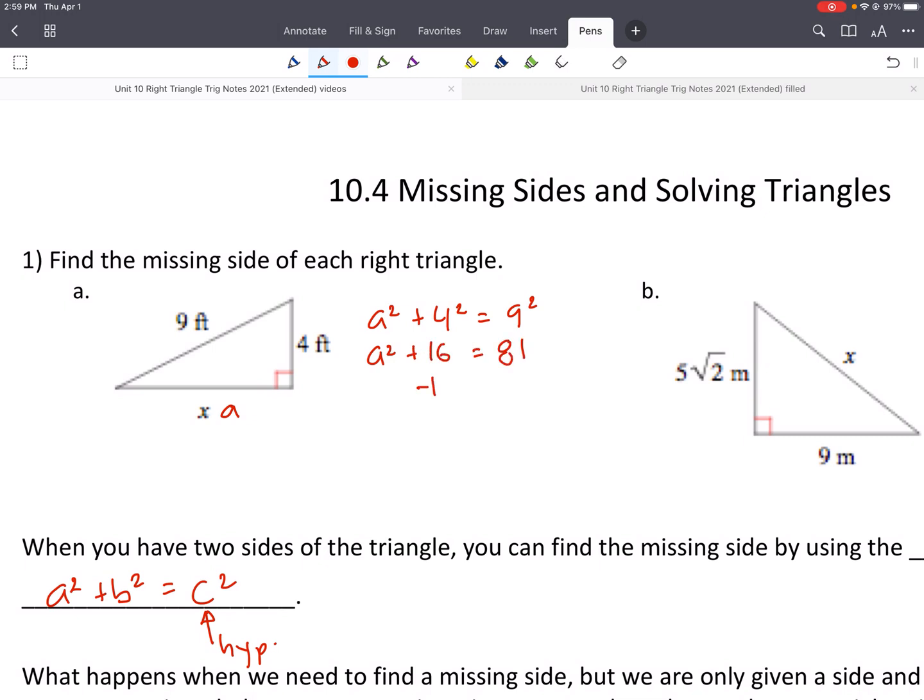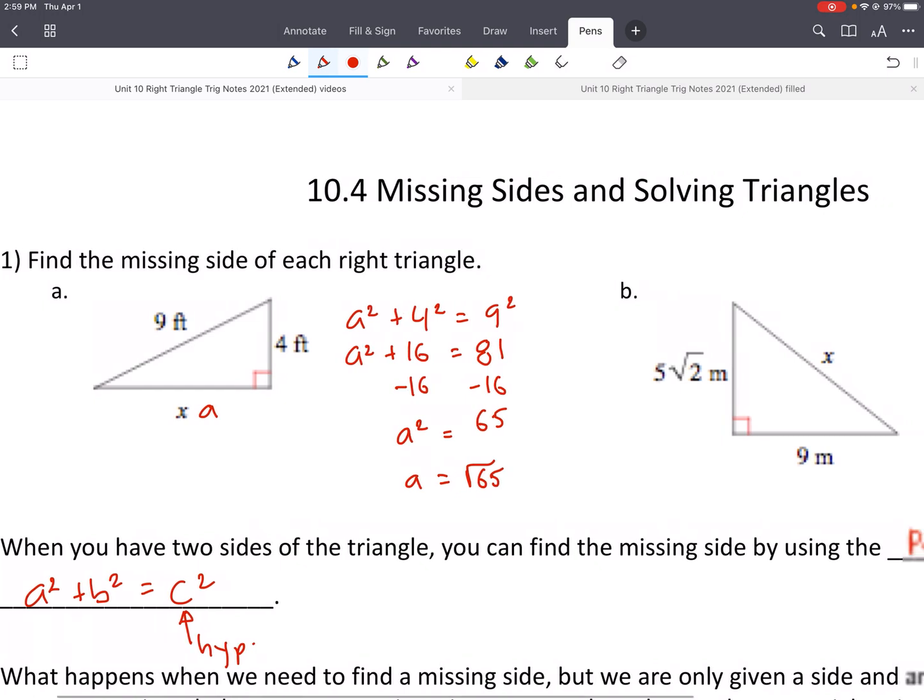We subtract the 16 from both sides and get a squared is equal to 65. Then we get a by itself by square rooting both sides, and we get the square root of 65. And that cannot be reduced, because it would be 5 and 13.